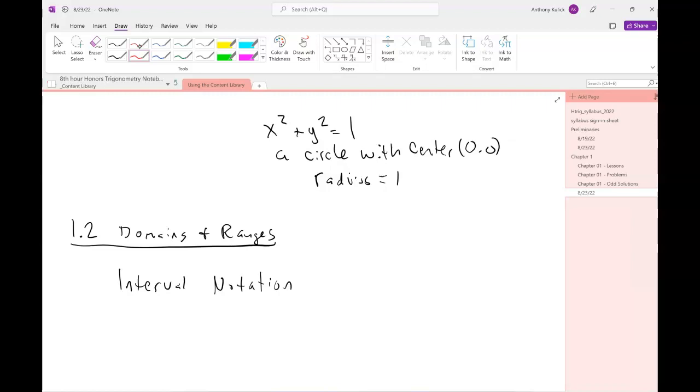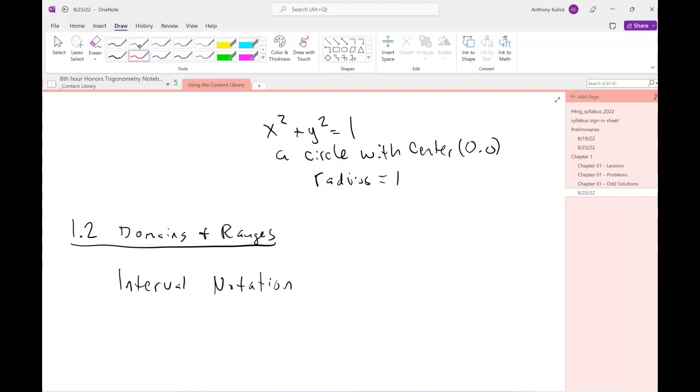What kinds of sets do we use an interval to describe? We use them to describe continuous sets. Like they need to be all the numbers in between some values, or all the numbers that are bigger than a value, or all the numbers that are smaller than a value. We can't use an interval to describe things like all the odd numbers, because between like 1 and 3, there's infinitely many numbers in between there that we'd be missing.